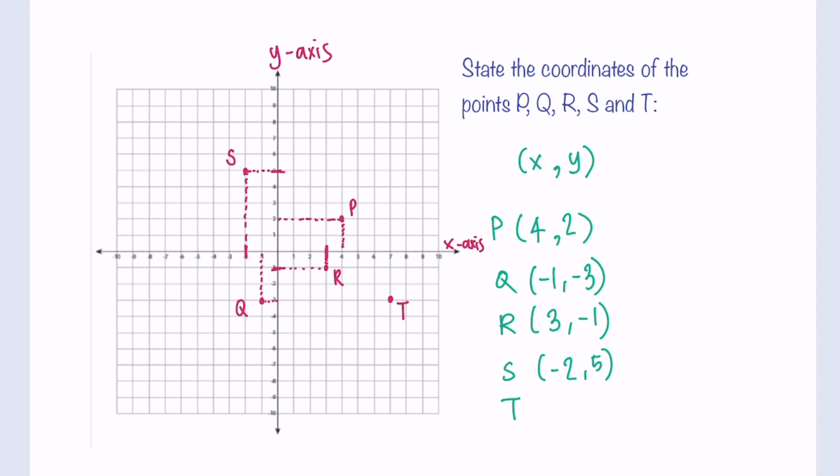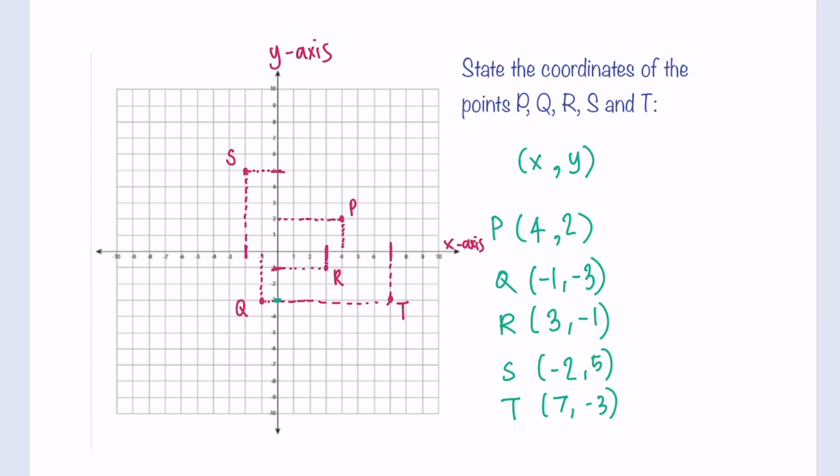And lastly, for point T, once again, extend both vertically and horizontally. And on the x, we see that it passes through +7, so 7 is the x-coordinate. And on the y, we can see that it passes through -3. And so -3 is the y-coordinate.